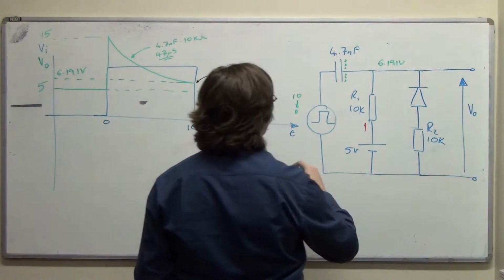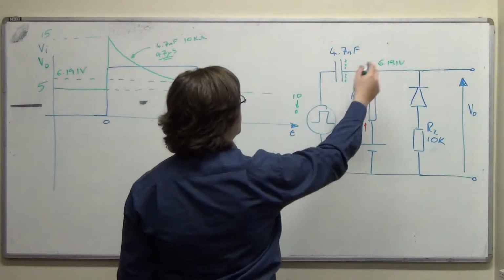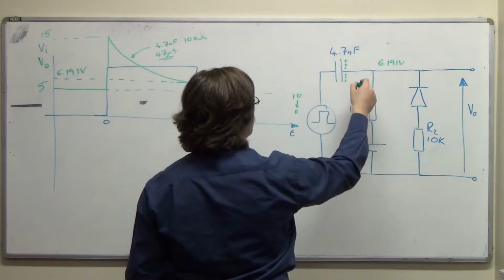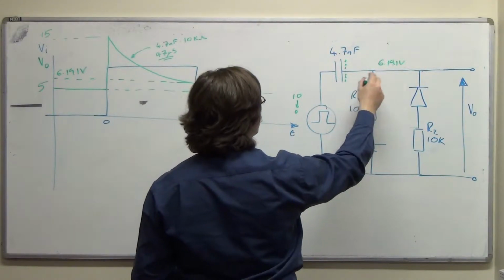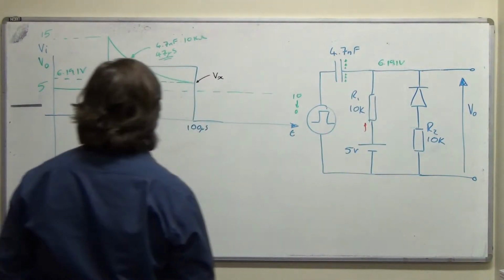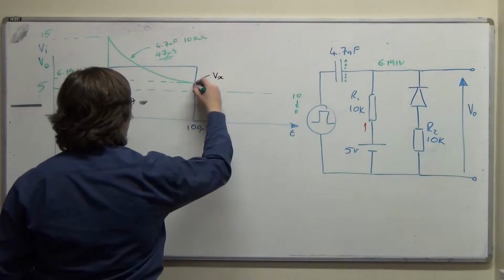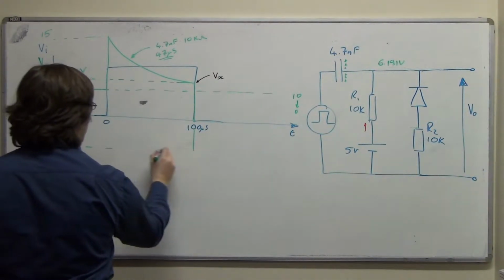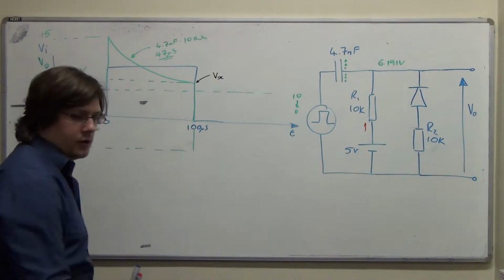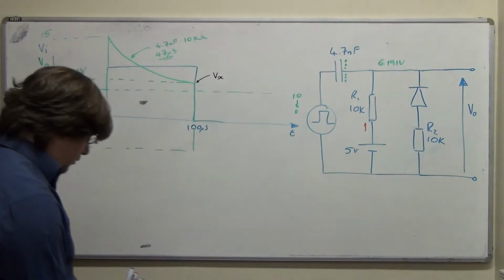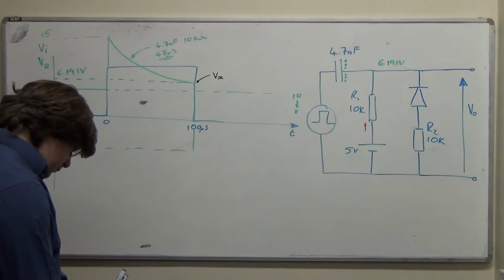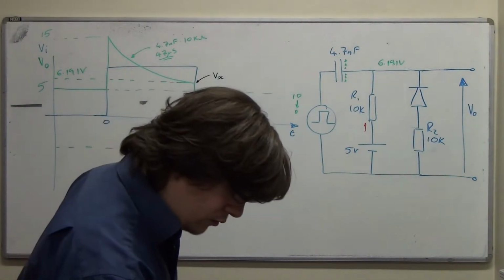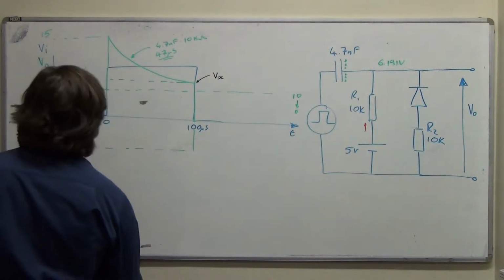So that means we have to have a similarly sized transition from 10 down to 0 over here. The only thing is, we're at 6.19 volts, so we're going to have to go down by 10 volts to whatever that is, which is 10 minus 6.191, it's 3.809 in fact.